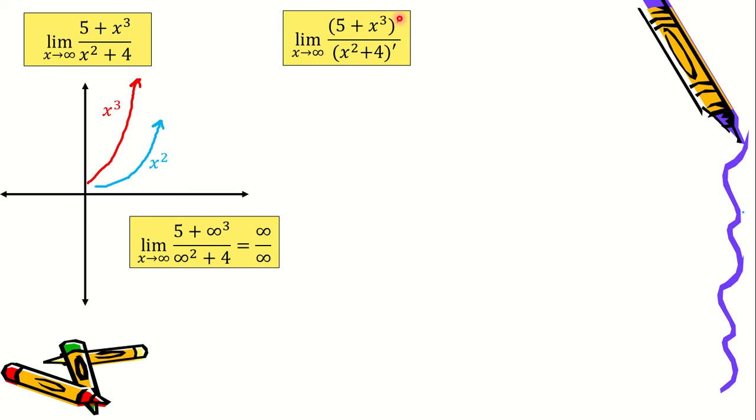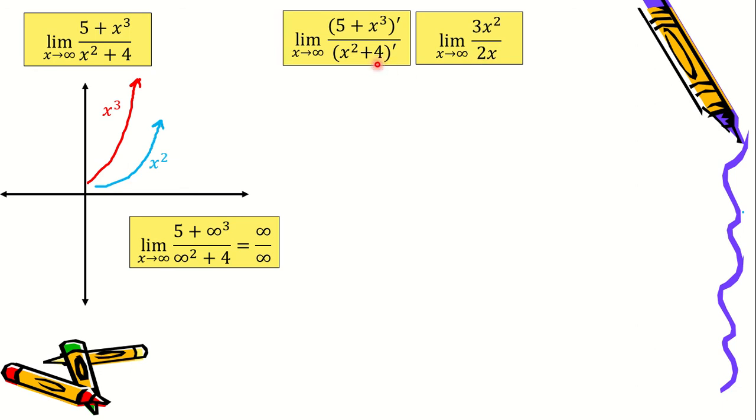So I'm using this notation to indicate that I am finding the derivative. So here in the numerator, the derivative of 5 is 0. The derivative of x cubed is 3x squared. Here in the denominator, the derivative of x squared is 2x.